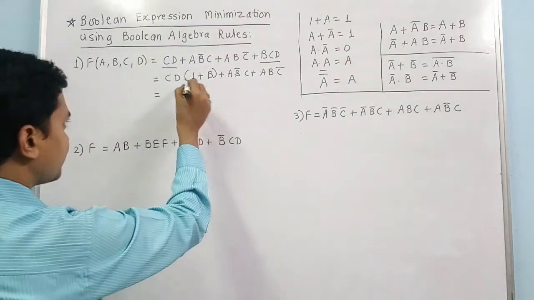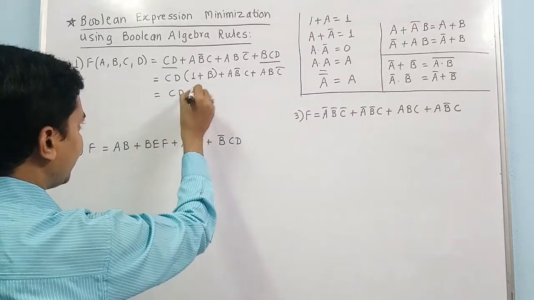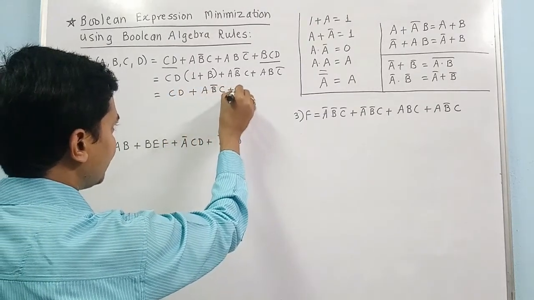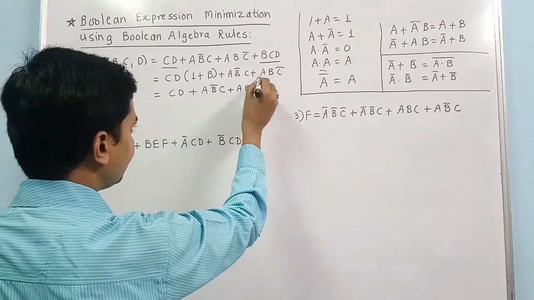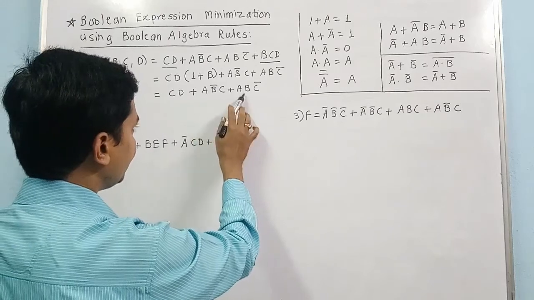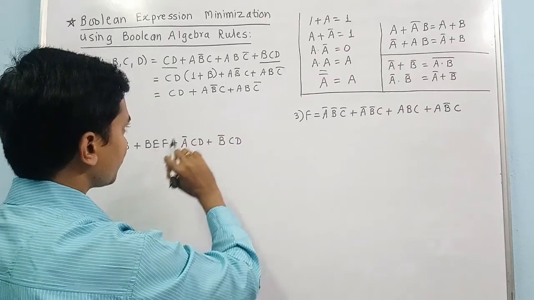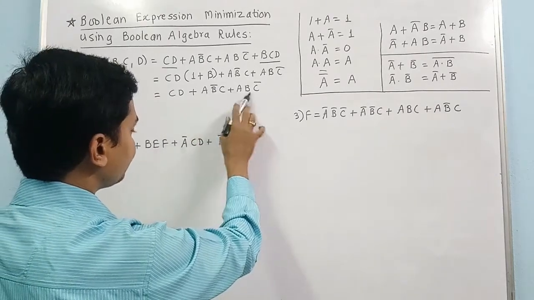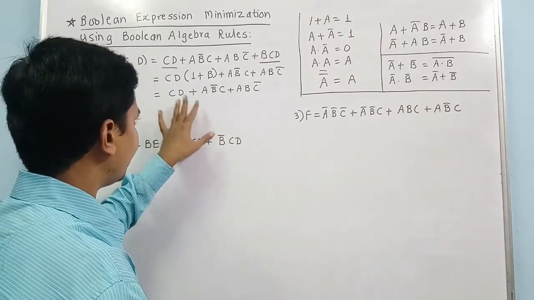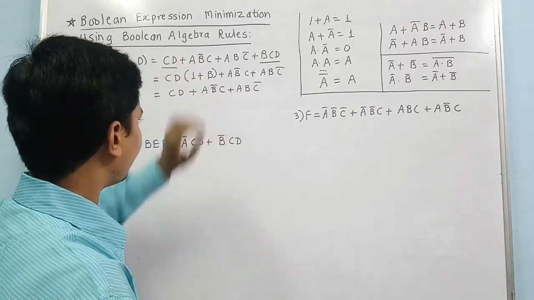So I will write CD into 1 plus A B bar C plus A B C bar. Can this expression be reduced further? No, it is not reduced further. This is our final reduction of the given SOP expression.